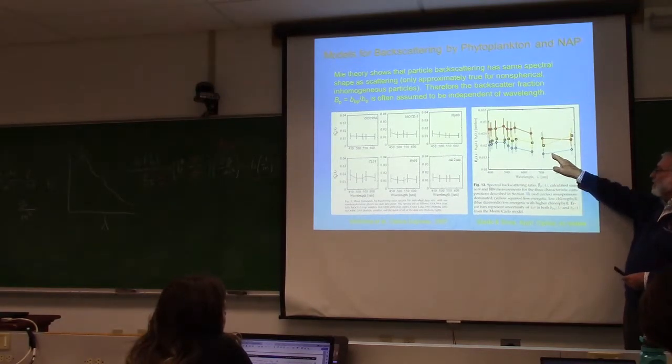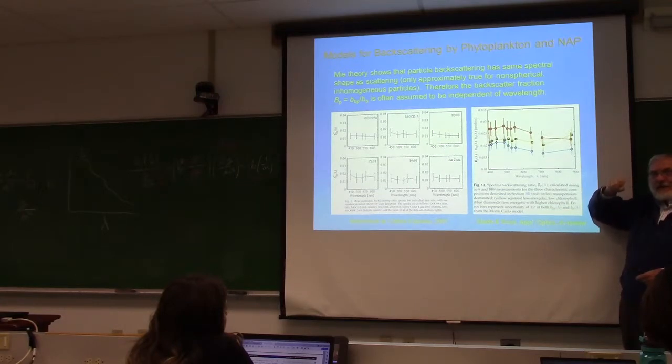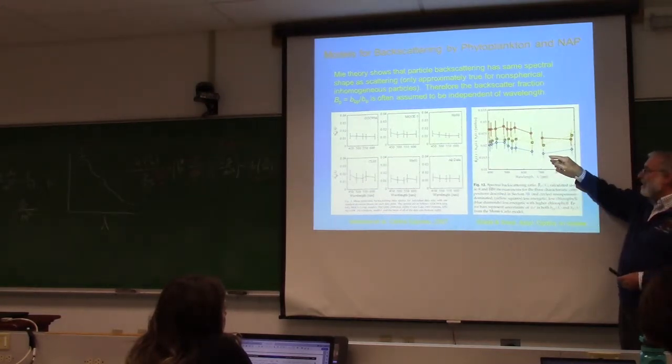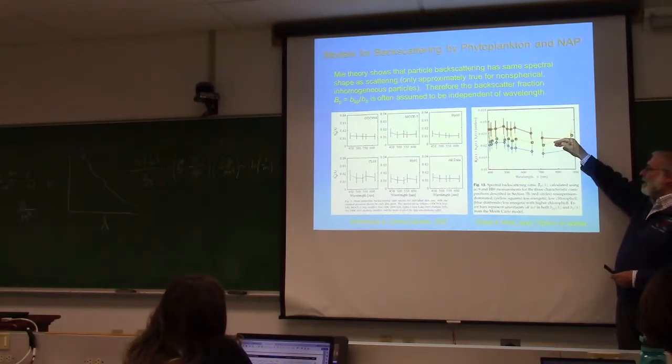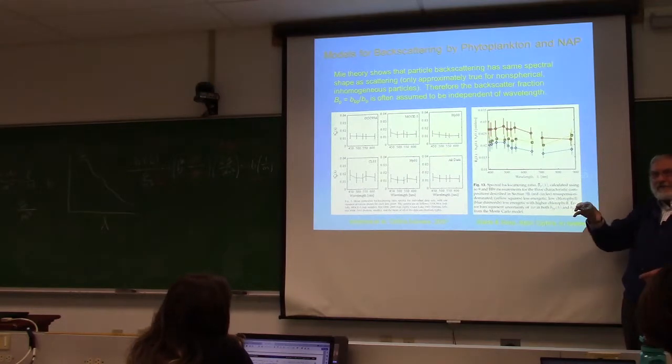So you get weaker scattering by low index of refraction particles than by high index, and also you get a higher amount of backscattering by small particles than you do by big ones.